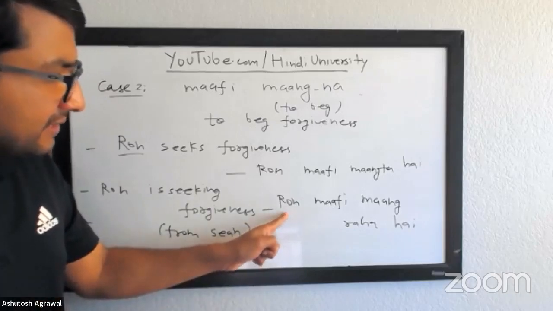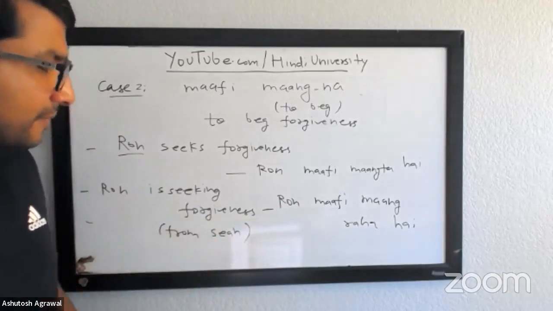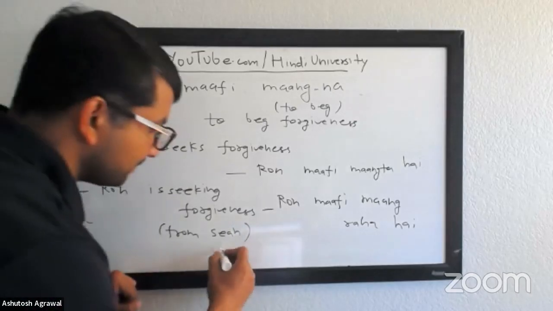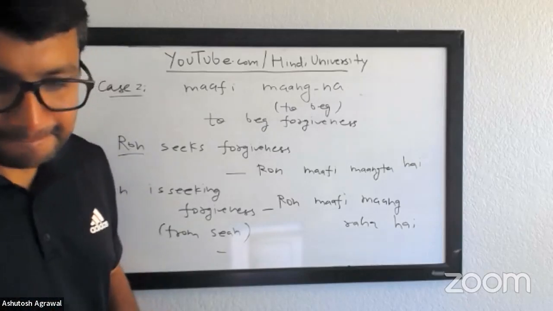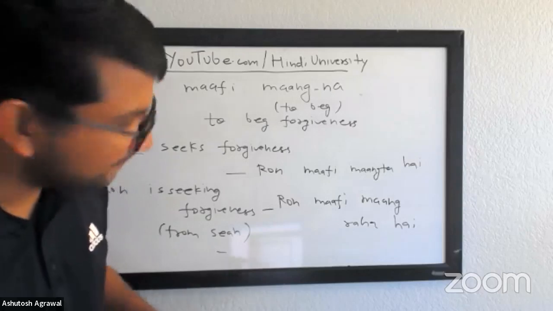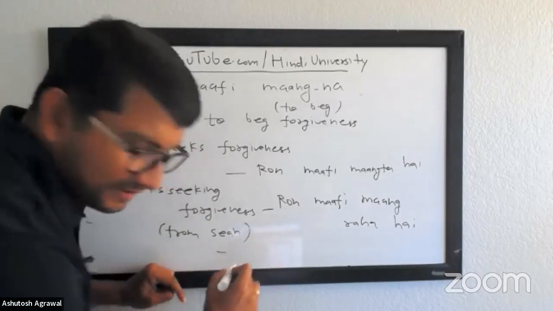It's a similar sentence. Most of it is same. Only thing you have to put is from Sean. Oh, you have no mic today? Sure. Sean से माफी मांग रहा था.